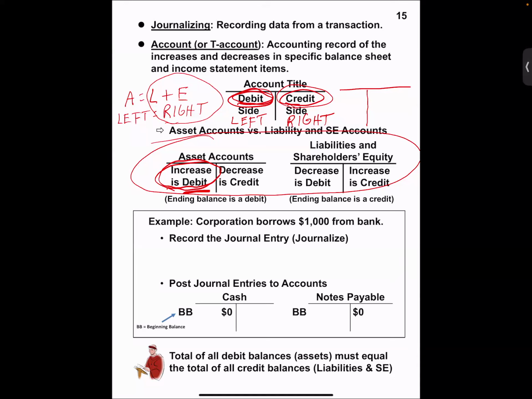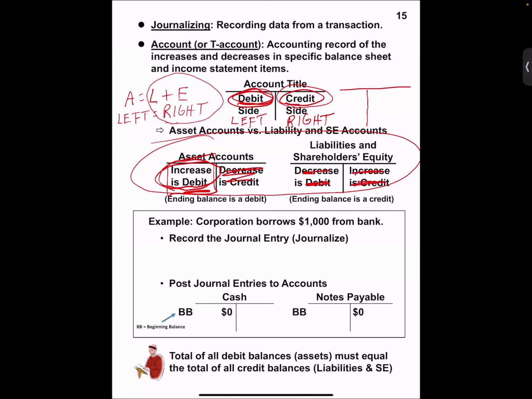As long as you know that to increase an asset, we debit it, then you should be able to fill in the rest. I wouldn't even have to write these other ones here.